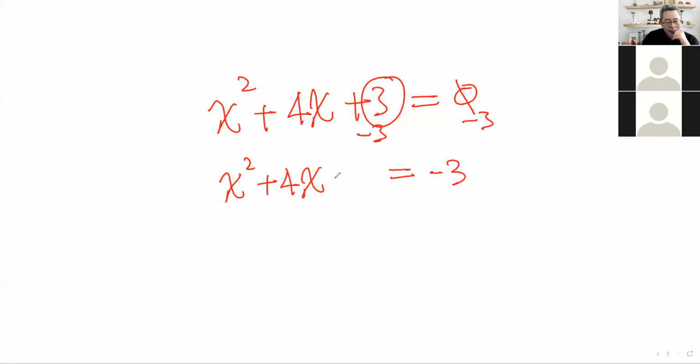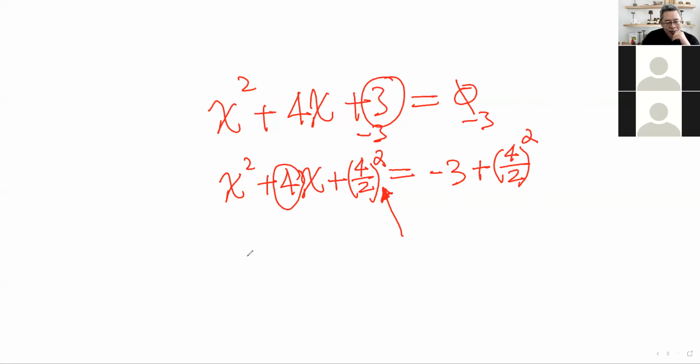And then we're going to add a term. That term is half of this number, squared. So it's 4 over 2 squared. But anything we add on one side of the equation, we have to do exactly the same on the other side. That's how we keep the equation balanced.